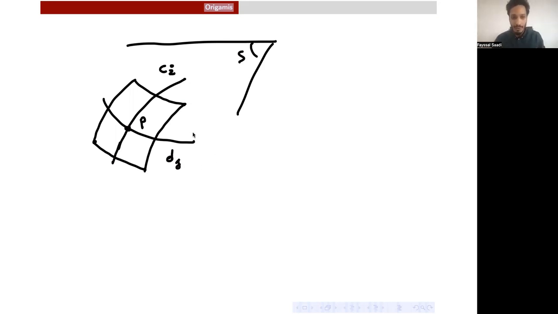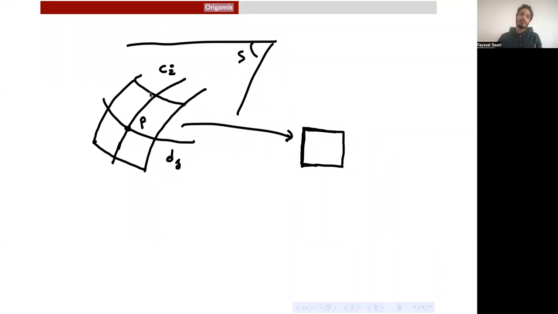So we translate to a Euclidean square, and then you glue the squares together, following the combinatorics from the two multi-curves. So you continue like this, and then you glue here, and so on.